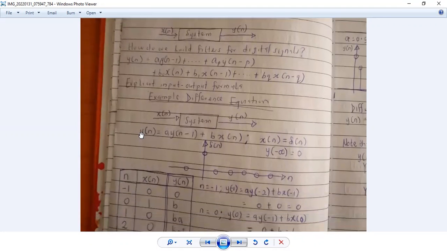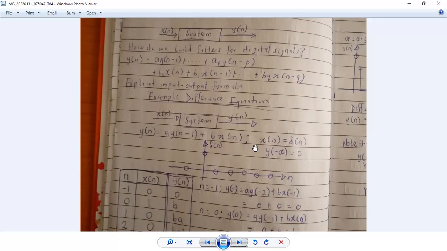So if we have this example, which is that the output is a linear combination of the past output value and the current input value, and we want to determine the response of the filter to an impulse input.